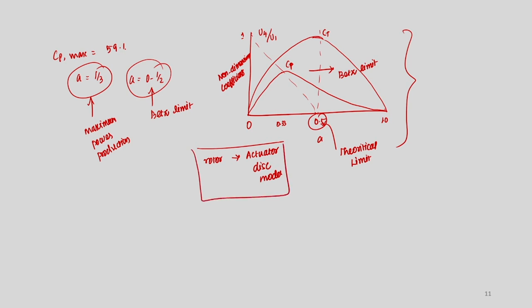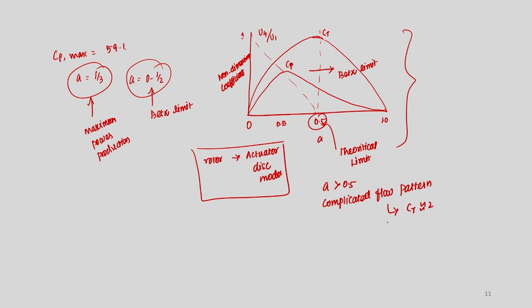In practice, A can go beyond 0.5, and accordingly complicated flow patterns arise, because you cannot analyze the wind turbine using the actuator disk model when A goes greater than 0.5. That gives rise to even Ct of approximately 2.